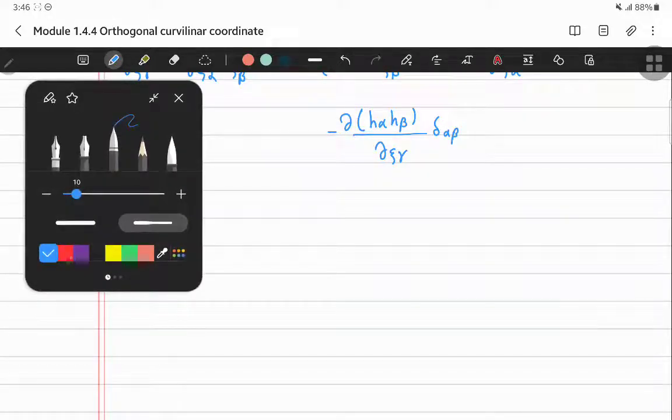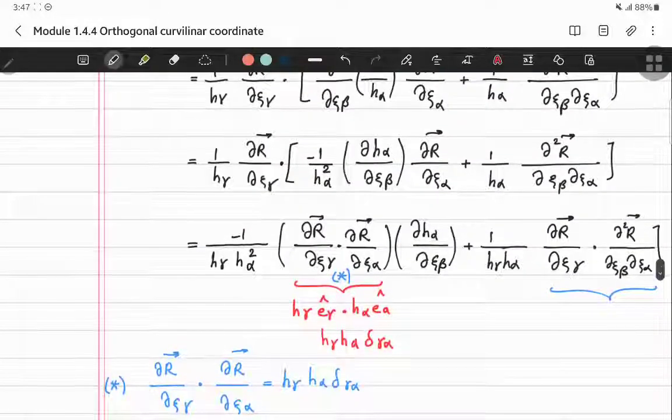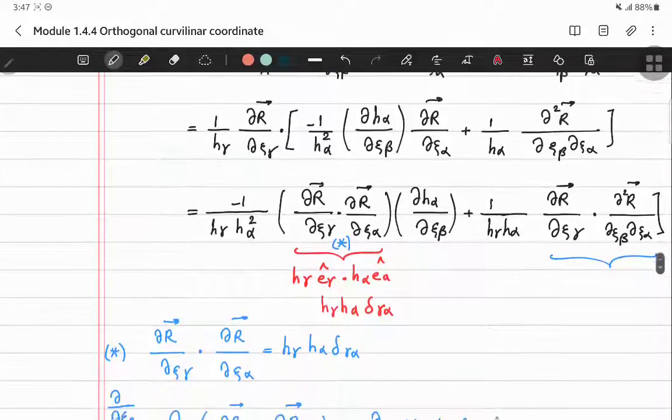Again, we assert the Christoffel symbol gamma alpha beta, minus 1 divided by h alpha. Then I'm going to have this and then delta.